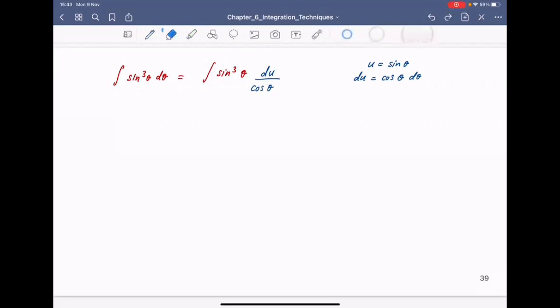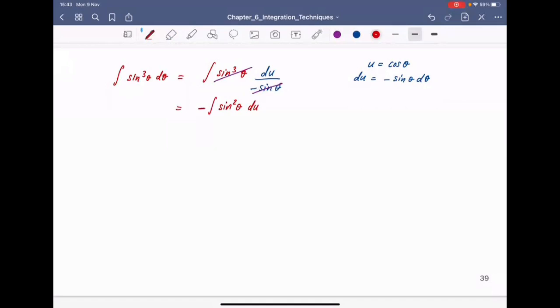So I need to pick u equal to cosine. So du is going to be negative sine theta d theta, and d theta is going to be du over negative sine theta. This looks pretty sweet to me because I can cancel one sine. So this is going to be negative the integral of sine squared theta du.